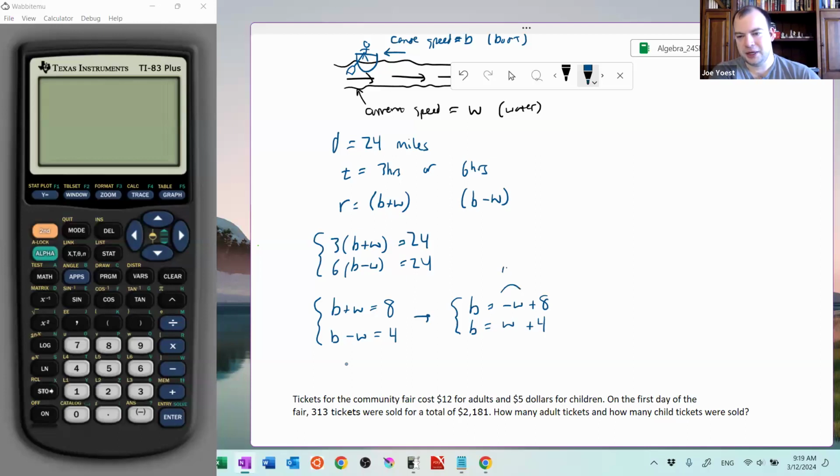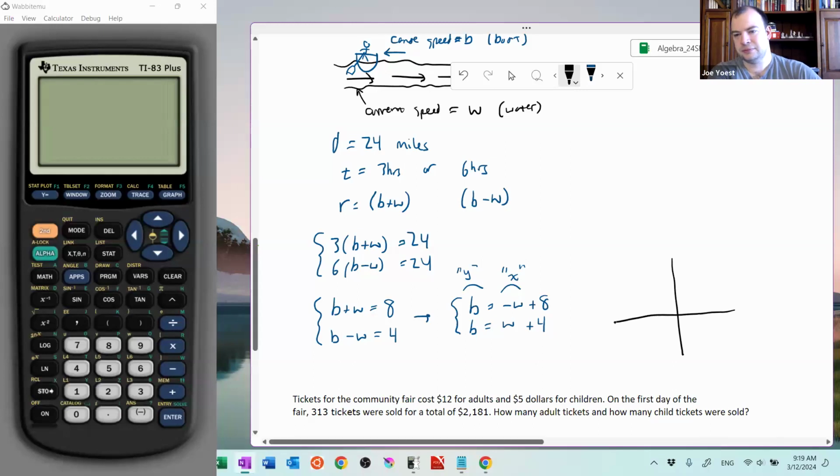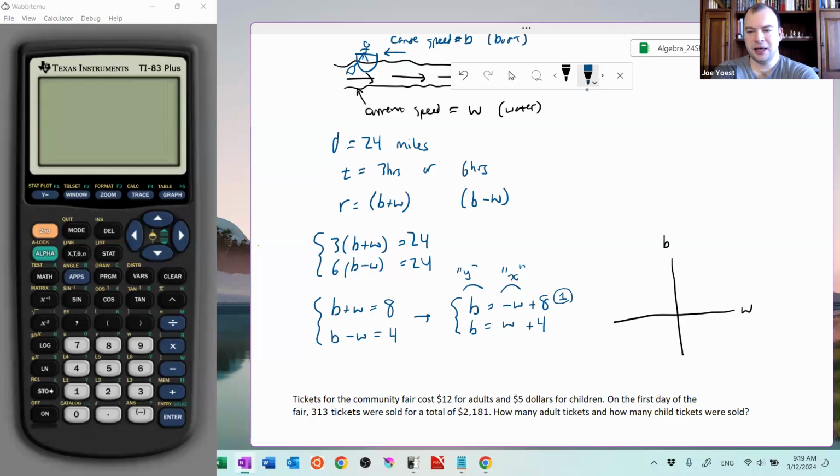So I'll treat W as my kind of X variable, and B is my kind of Y variable. So from equation 1, which I'll do in blue, I know that when W is 8, B is 0. And when W is 0, B is 8.